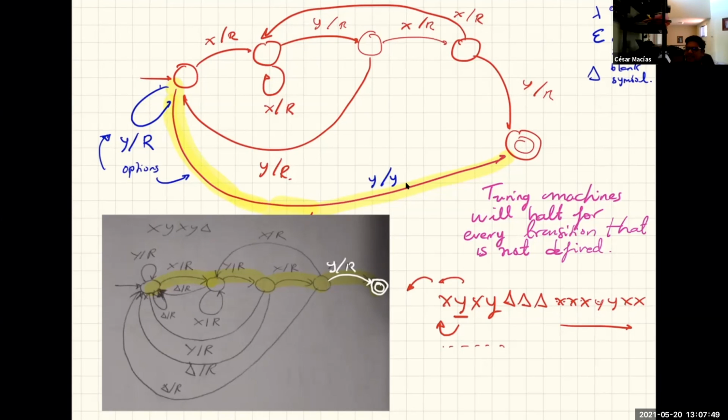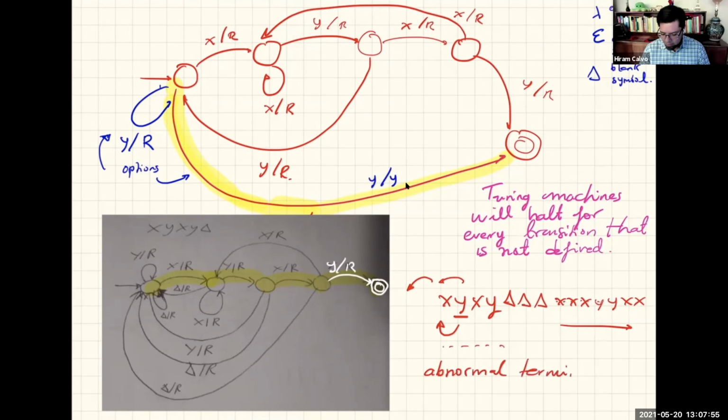Okay, so that's called abnormal termination. It happens whenever you go back to the left more than where the tape begins, because the tape has a boundary to the left. It doesn't have a boundary to the right. It's infinite to the right.